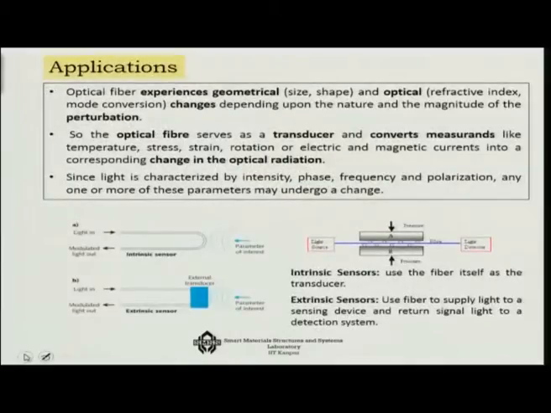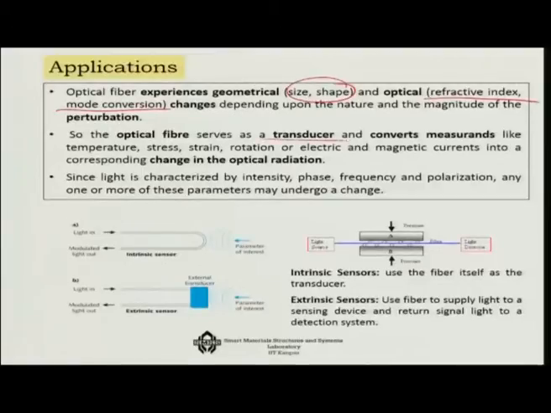Next is in terms of the applications. Optical fiber experiences geometrical changes and optical changes, so size and shape or refractive index or mode conversion, depending upon the nature and the magnitudes of perturbation.